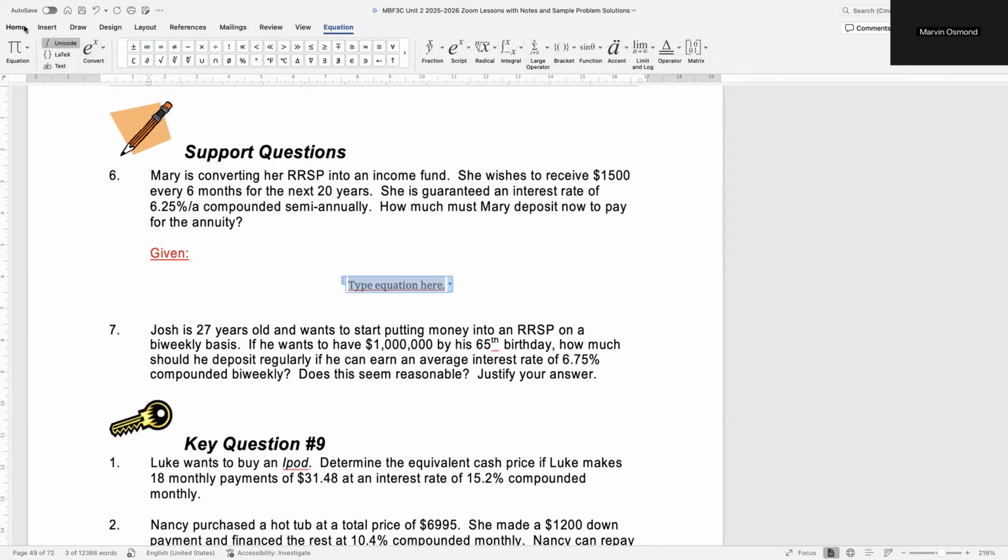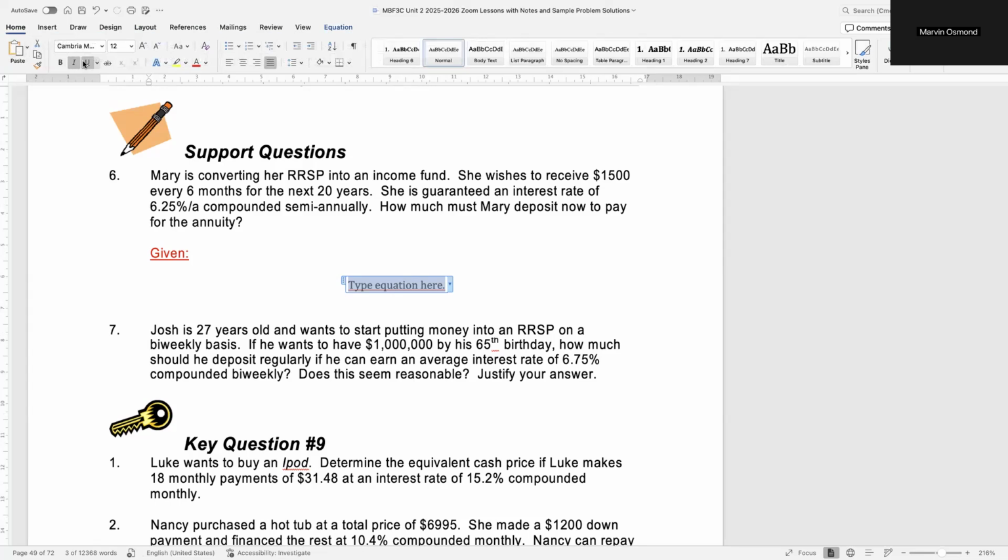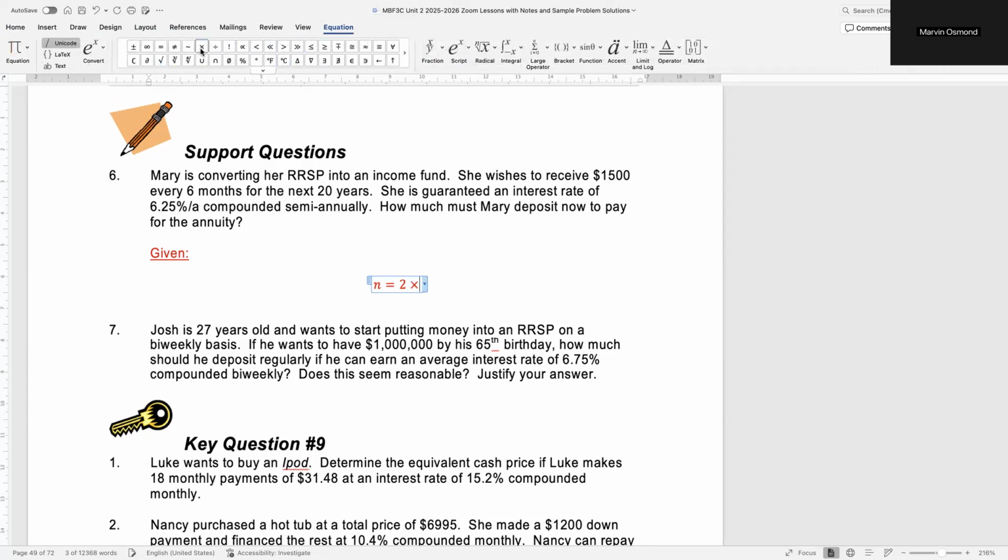We don't need it to be underlined. So n is equal to, she wants twice per year for 20 years, so 2 times 20.